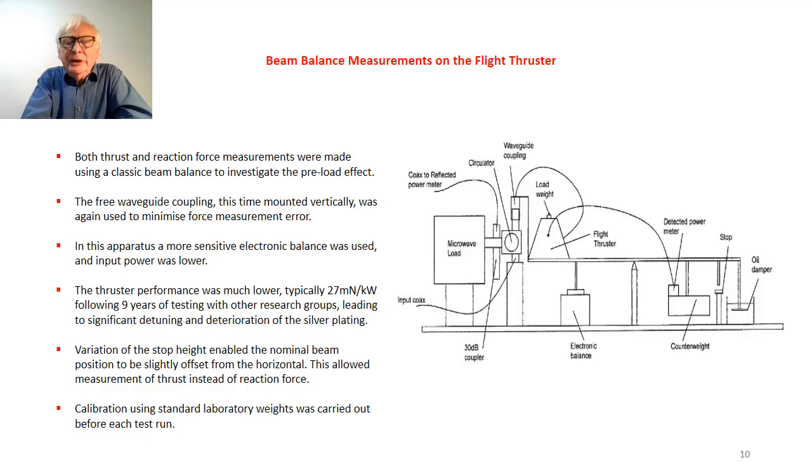By the time we got it back, the thruster performance was pretty awful. It was typically 27 millinewtons per kilowatt specific thrust, which was way down on what it had been at its best.